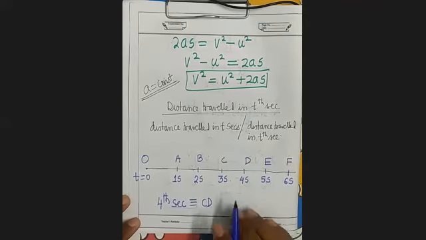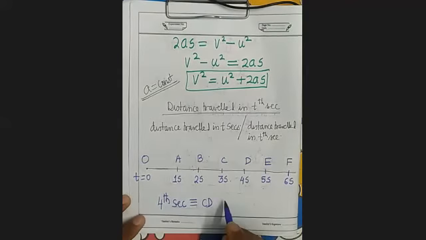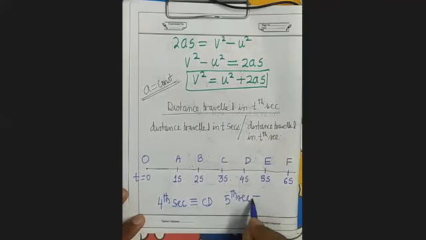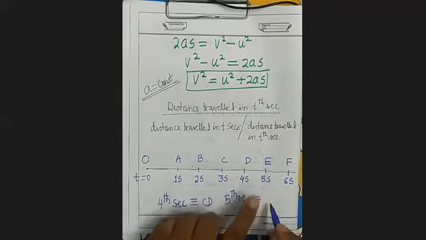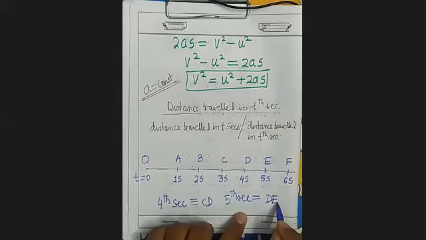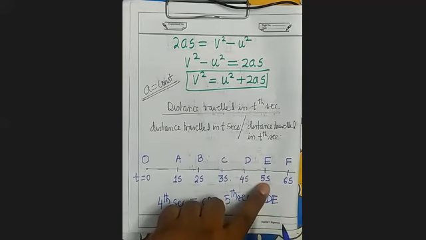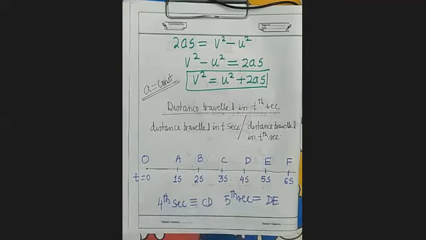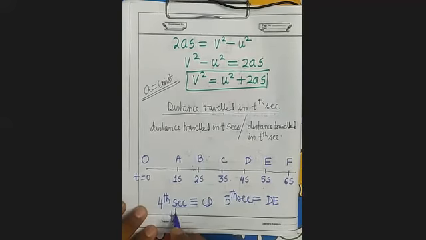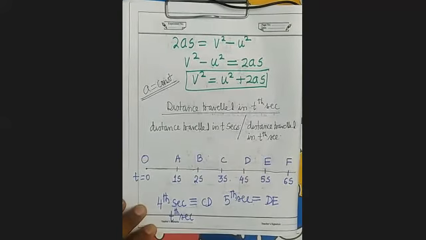Similarly, if I ask what is the distance traveled in the 5th second, it is equal to DE. That means from where to where? Between 4 and 5 seconds. It is clear? So similarly, if I ask what is the distance traveled in the th second, what is the meaning of th second?